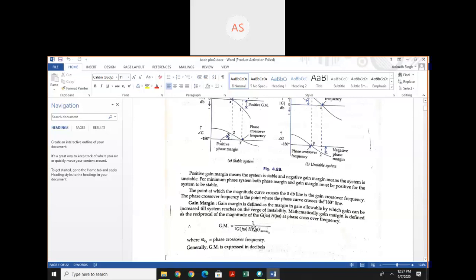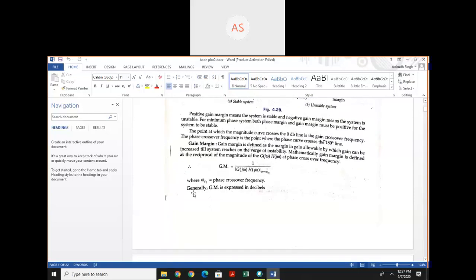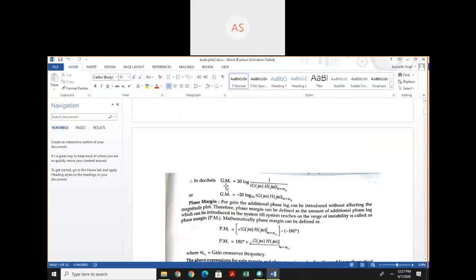GM is given by 1 divided by the magnitude of G(jω)H(jω), where ω equals ωc2, the phase crossover frequency. Gain margin can also be expressed in dB, and it is given by 20 log of 1 divided by the magnitude of G(jω)H(jω) at ω equal to the phase crossover frequency.